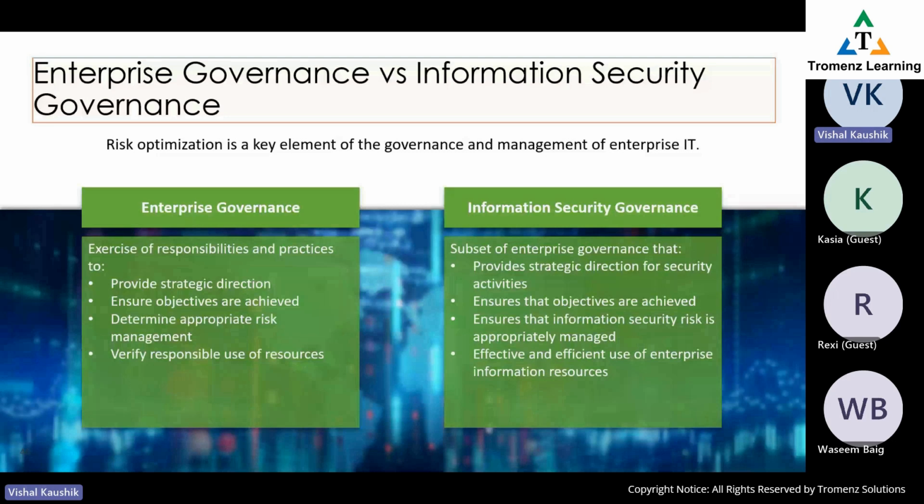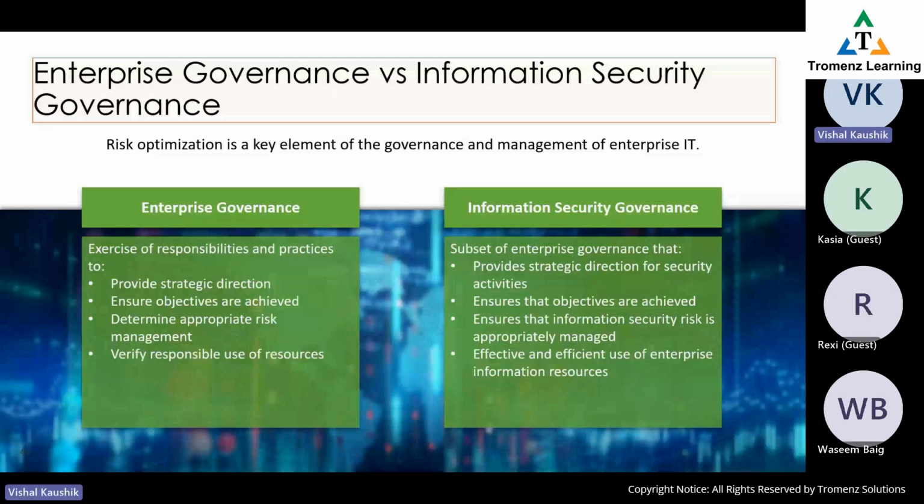If you were to distinguish the roles, governance is to ensure objectives of the enterprise are achieved, determine appropriate risk management, and verify that the enterprise resources are used responsibly.